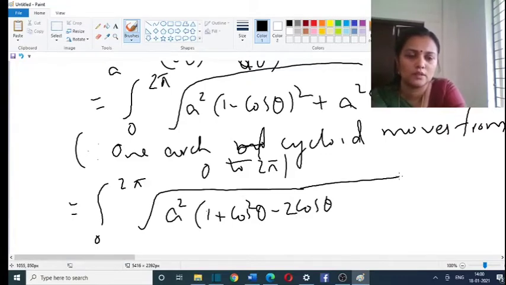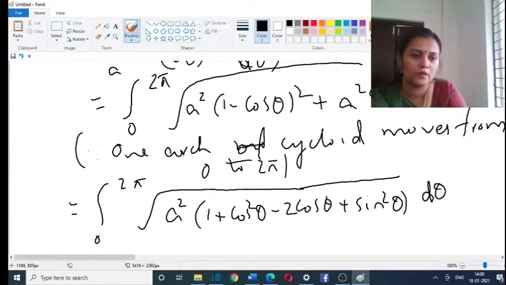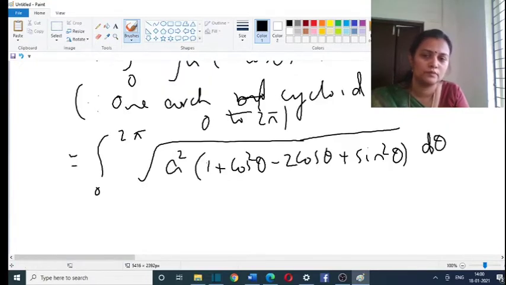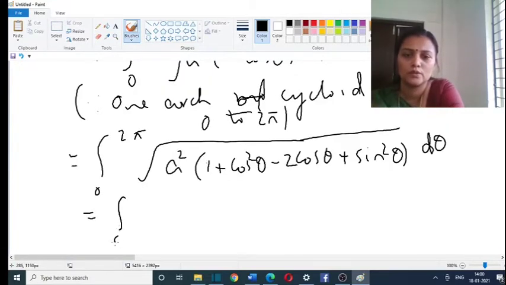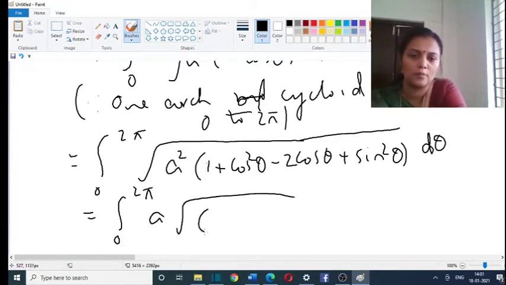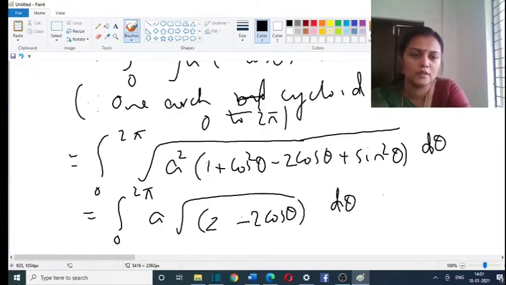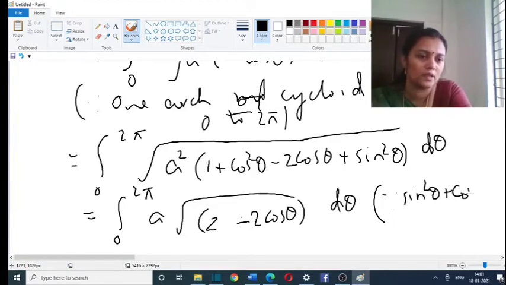Now this sin square theta also we can take inside. The square root of a square is a, and 1 plus cos square theta plus sin square theta is 2, minus 2 cos theta d theta, since sin square theta plus cos square theta is equal to 1.